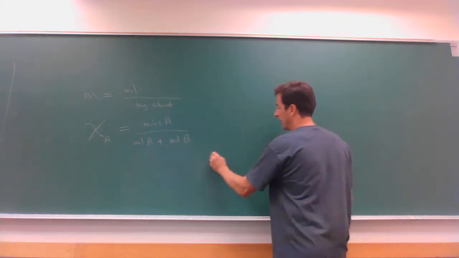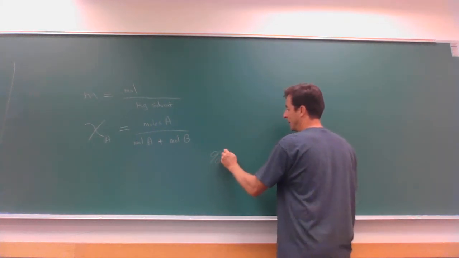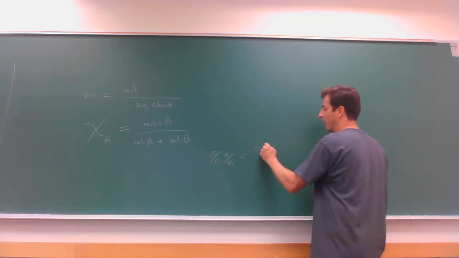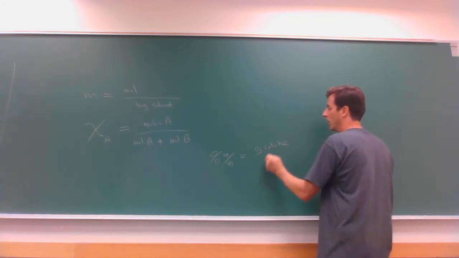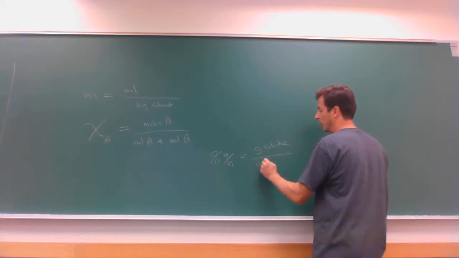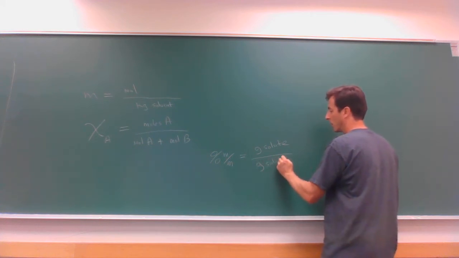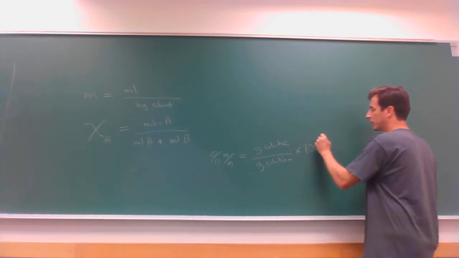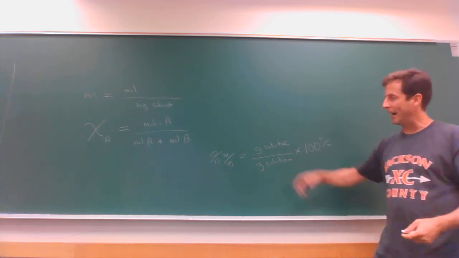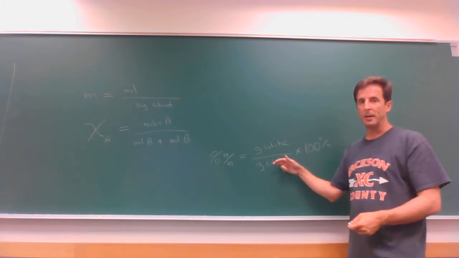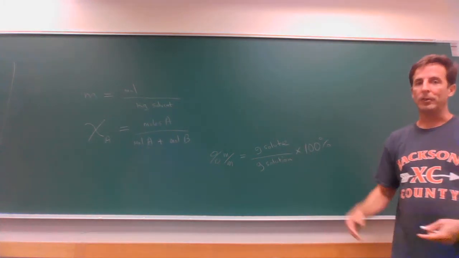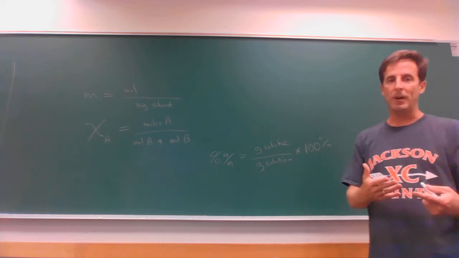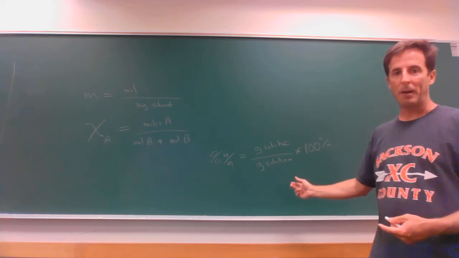That is written as percent mass to mass, and it is the grams of the solute over the grams of solution times 100%. So again, mass to mass is grams to grams. We could do that with kilograms to kilograms or pounds to pounds. Any mass unit would be fine as long as it's the same on top and bottom.